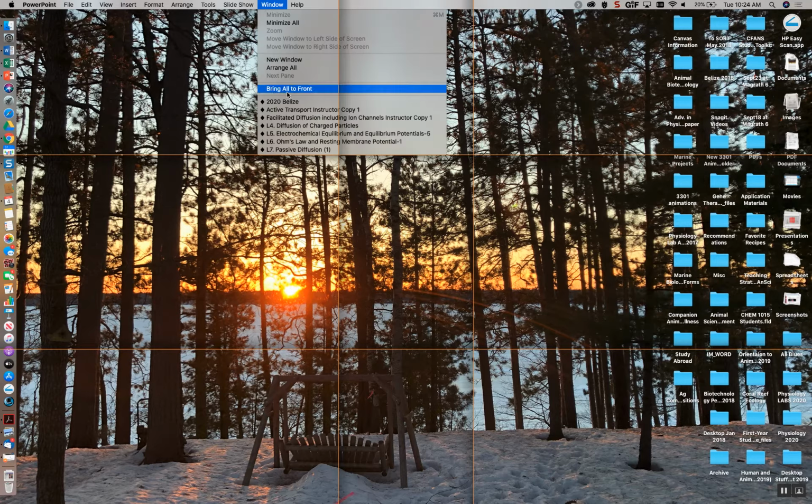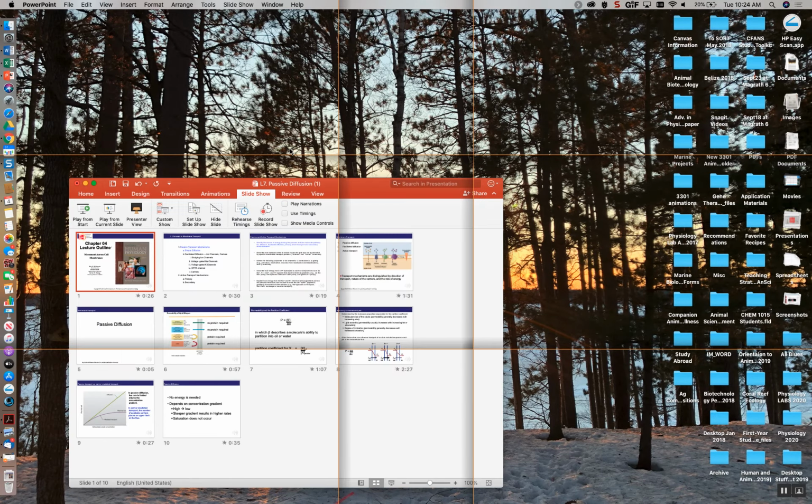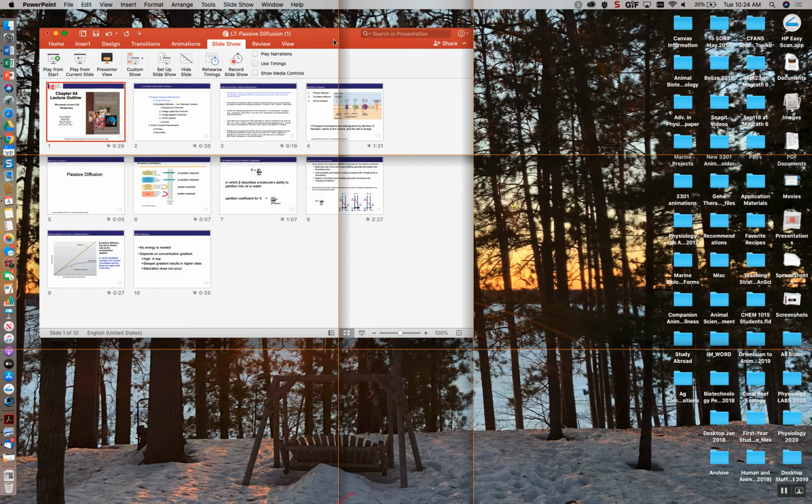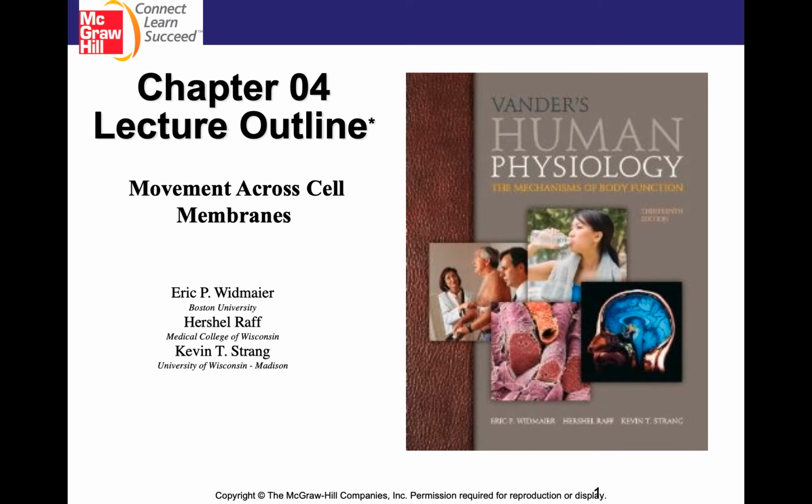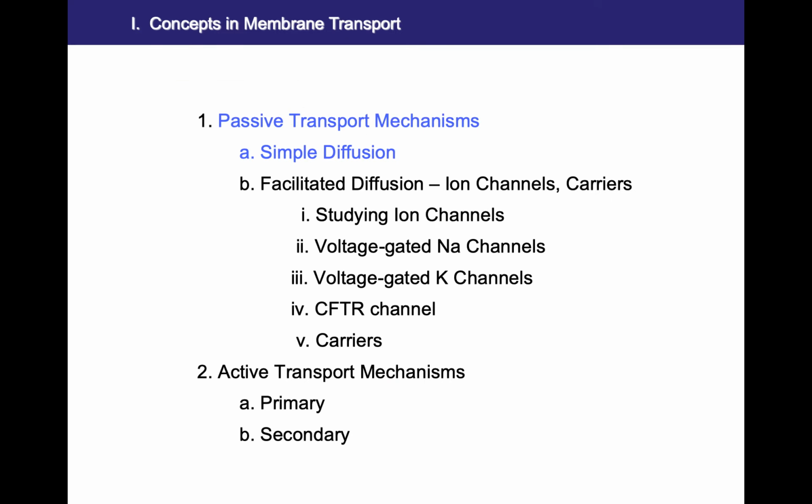We are going to start off with passive diffusion. Now, there's not many slides in passive diffusion. Not too many slides. Here's where we're going to start. Passive transport mechanisms actually include simple diffusion and facilitated diffusion.